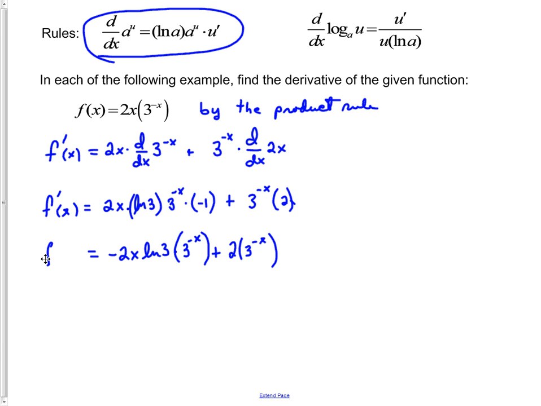So f prime of x in this case is equal to negative 2x times the natural log of 3 times 3 to the negative x added to 2 times 3 to the negative x.